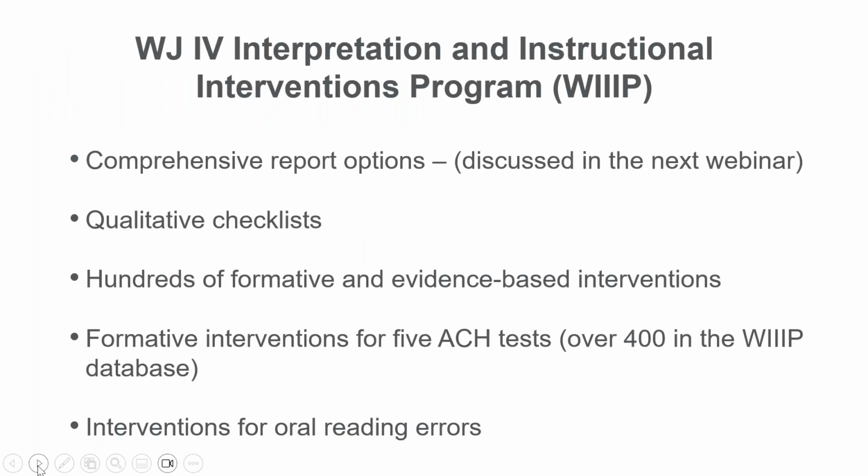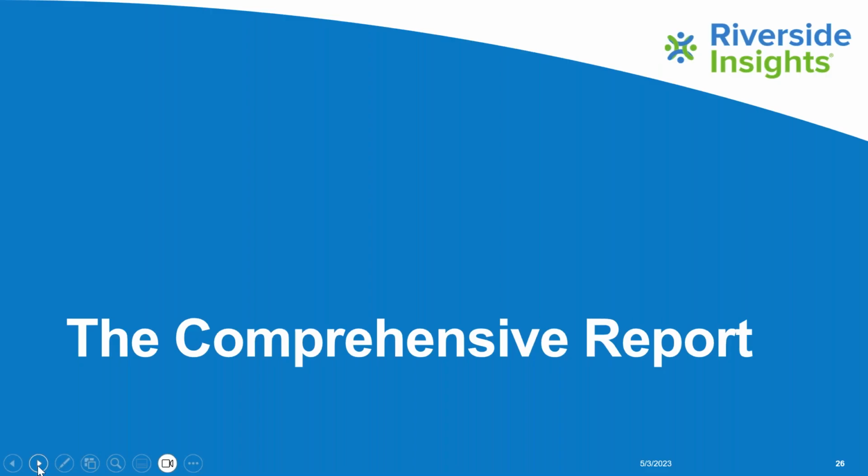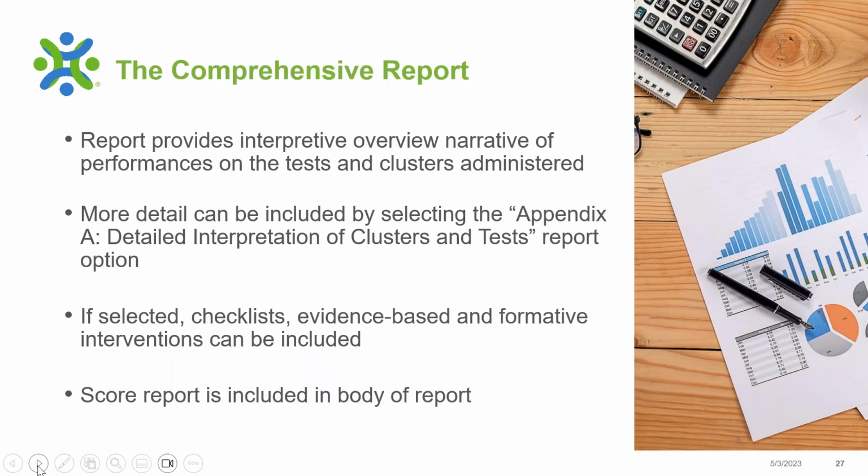All right, I think I've already talked about that. I'm going to skip to the next slide. So let's take a look at the comprehensive report. The comprehensive report provides an interpretive overview, a narrative of performances on tests and clusters administered. So it's got a lot more verbiage than what you find in the regular score report.